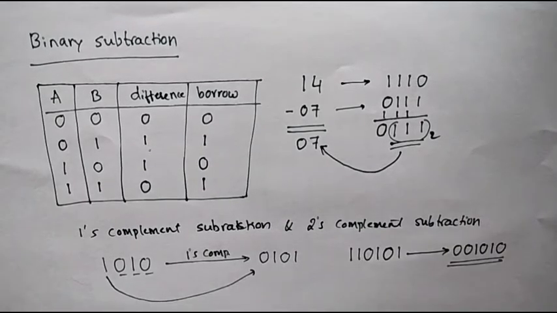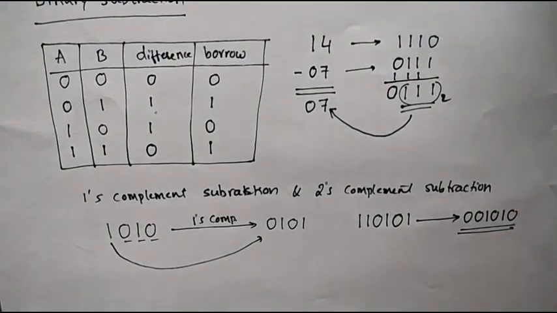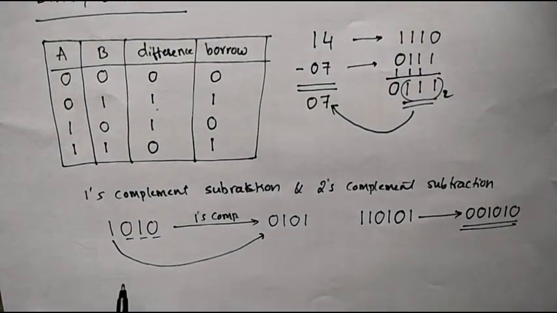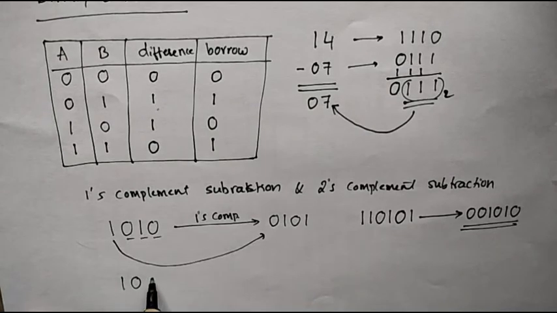Now let's see what is 2's complement. 2's complement of a binary number is equal to the 1's complement of the binary number plus 1. Let us take one example. Suppose the given binary number is 1001.